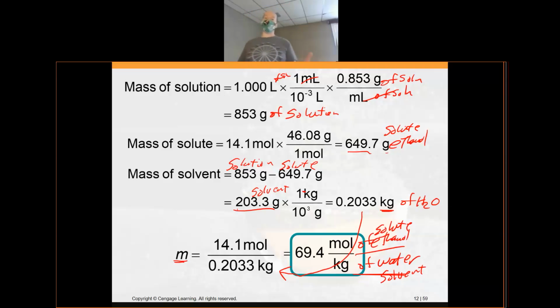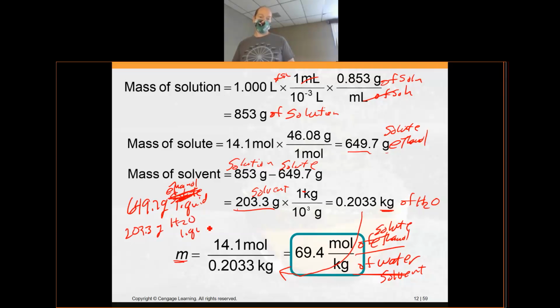Now, if you were given this and it said you have 649.7 grams of your solute, in this case it was called solute already, grams of ethanol, which is a liquid, and you have 203.3 grams of water, which is also a liquid.